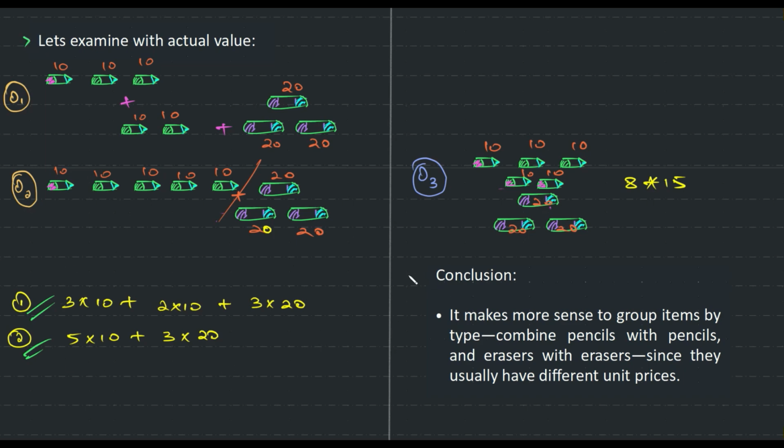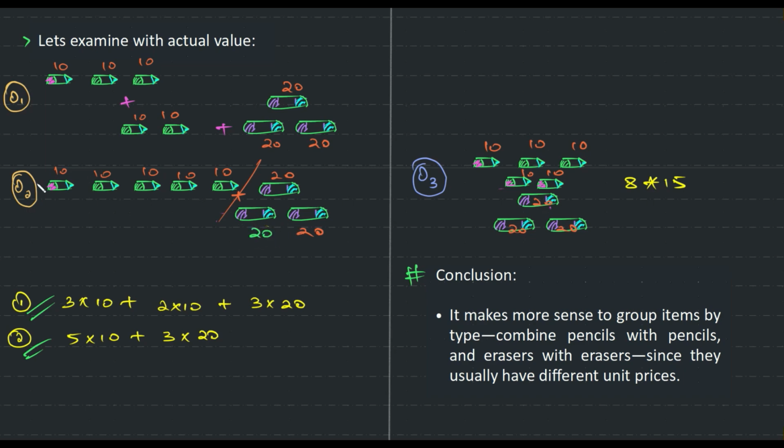So to conclude, it makes more sense to group by type, combining pens with pens and erasers with erasers, since they usually have different unit prices. What is written over here is, since the pen cost and the eraser cost are different, it's better to separate them, add them, and then add the total, because each has their own pricing.